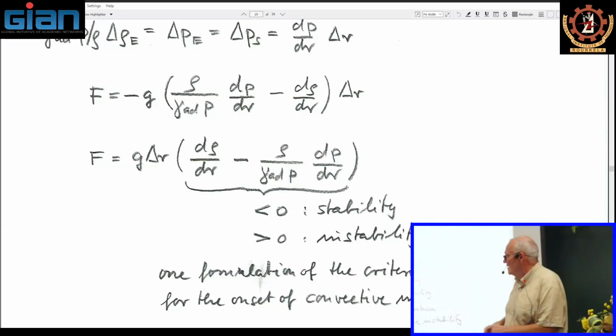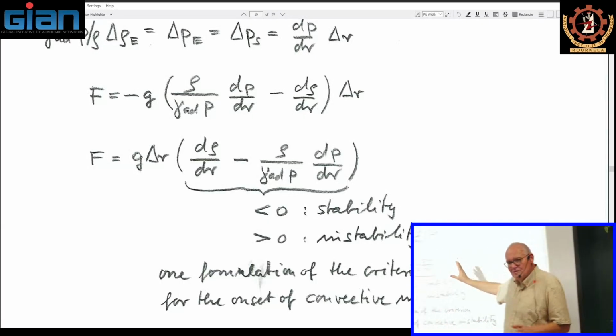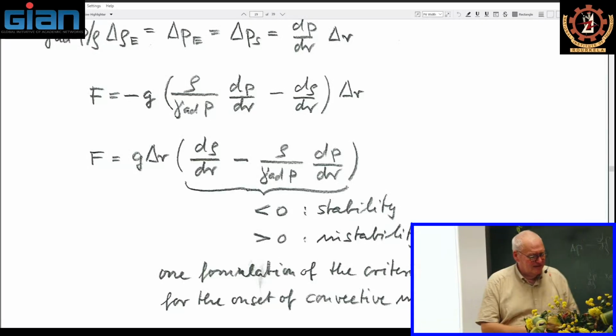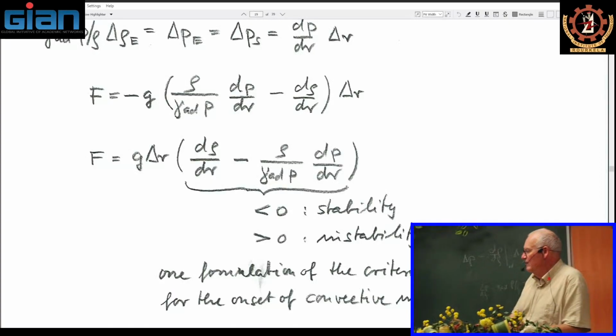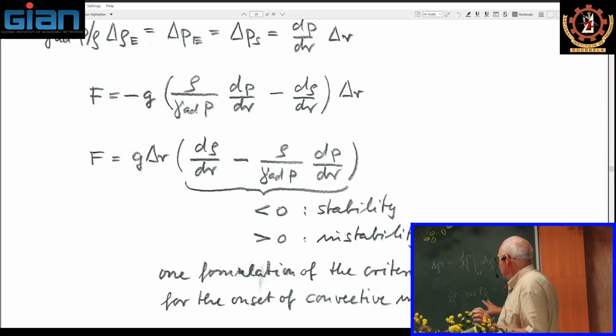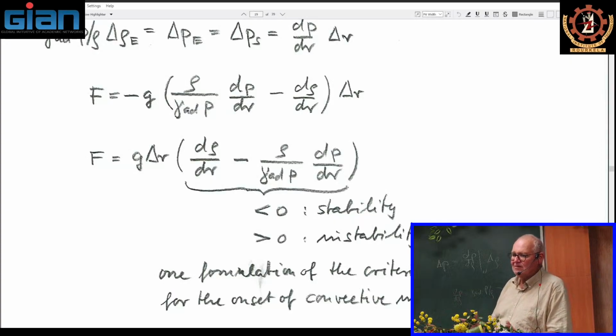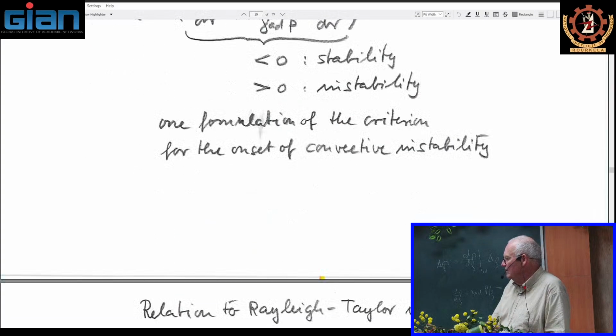But this is the superior criterion, which reduces to the Rayleigh-Taylor criterion in the case of very high sound speed or incompressibility. Incompressibility goes along with high sound speed. High sound speed means that the fluid behaves incompressibly. With low sound speed, we have to take the pressure gradient into account, and the motion is no longer incompressible.